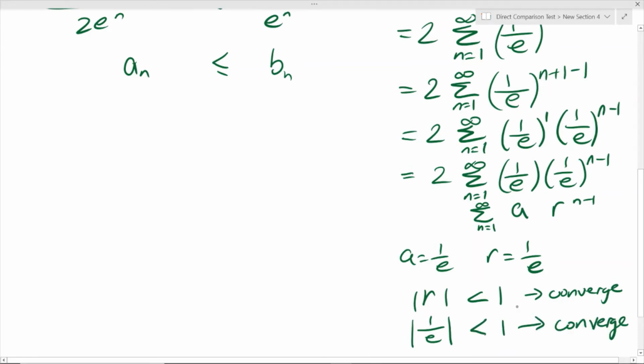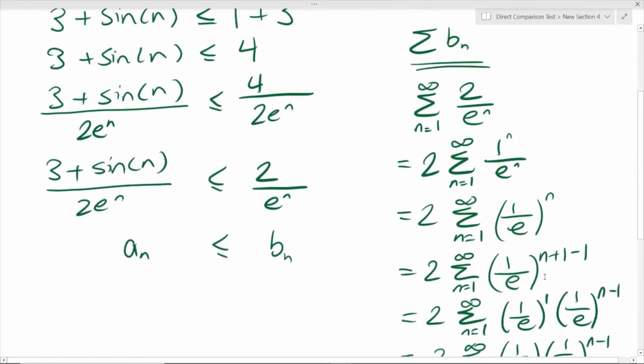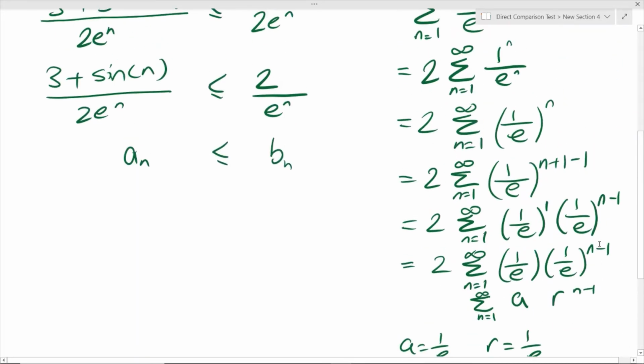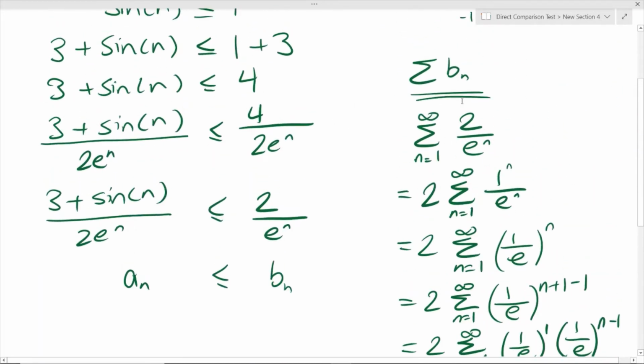This makes our series Bn convergent because the absolute value of 1 over e is less than 1. And so according to the definition for a geometric series, if the absolute value of r is less than 1, it makes that series converge. So it makes this whole series converge.